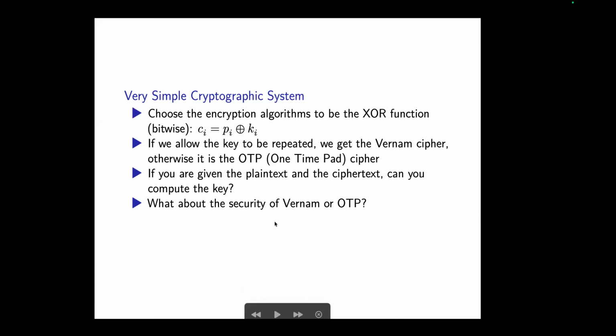So let's say you want to transmit 1 gigabyte of data. You have to give that 1 gig of key first to the recipient. Then you can send your encrypted data.